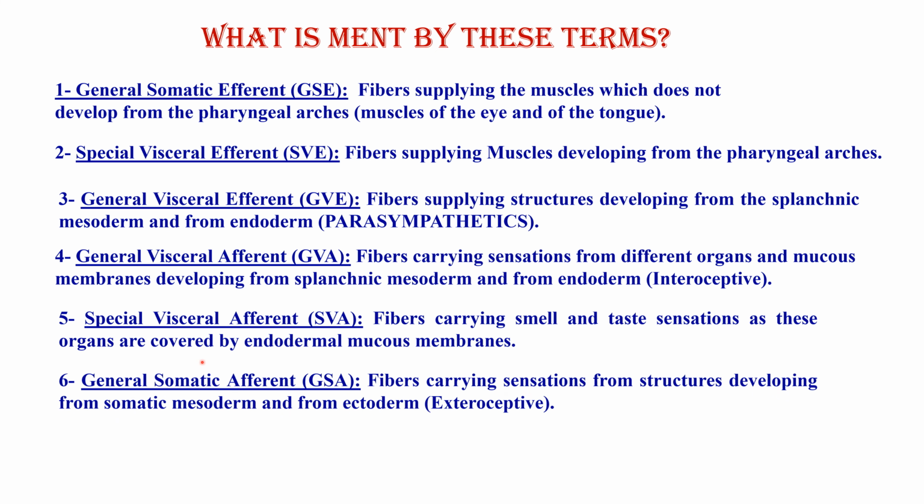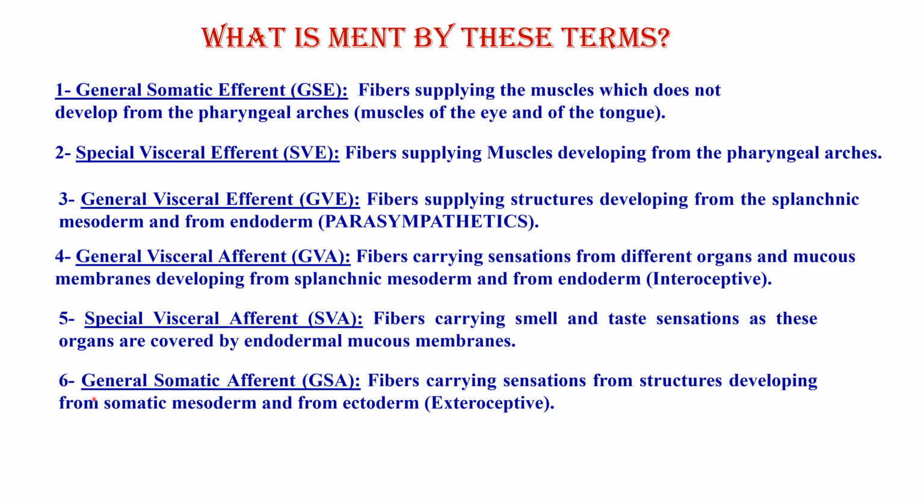The fifth will be the special visceral afferent fibers which carry the smell and the taste. And these organs are covered by endodermal mucous membranes, so they belong to the viscera. So the special visceral afferent is smell and taste.